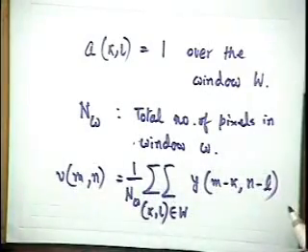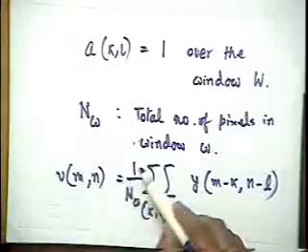I am simply averaging over the particular window W. Now in general, these a(k,l) need not be equal to 1 always. These a(k,l) could be different. But when a(k,l) is equal to 1, then this is what we will do.